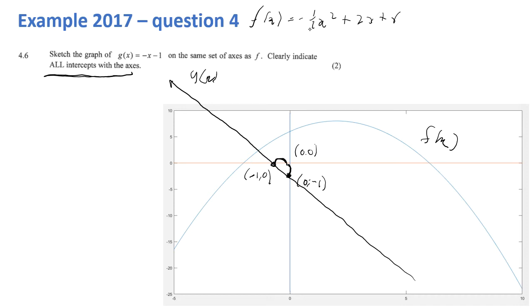Again, I'm going to explain this -1 slope. That means that the ratio between the change in the y-axis and the change in the x-axis is -1.